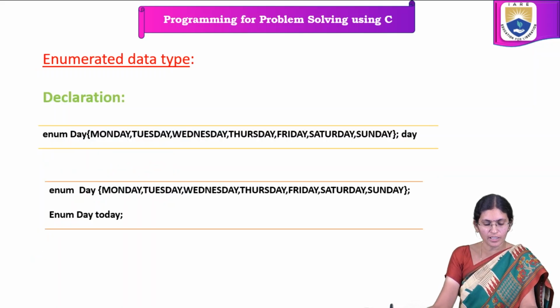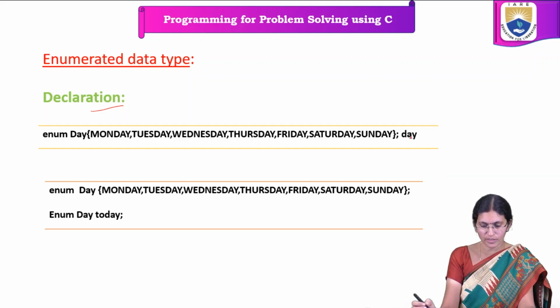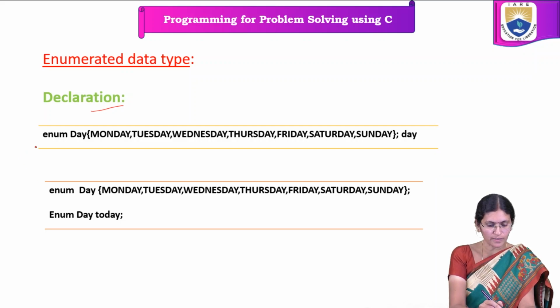Now coming to the declaration of the variable. Just defining the user data type is not sufficient. In order to allocate memory for that data type, we need to declare the variable. This is the first method and this one is the second method.